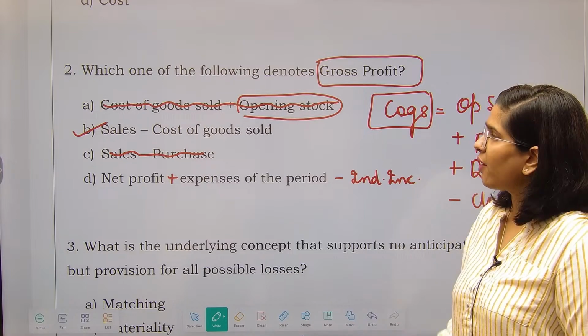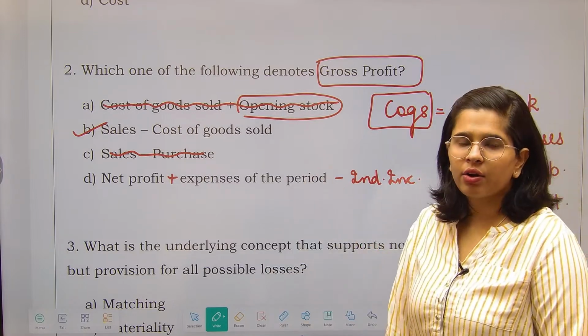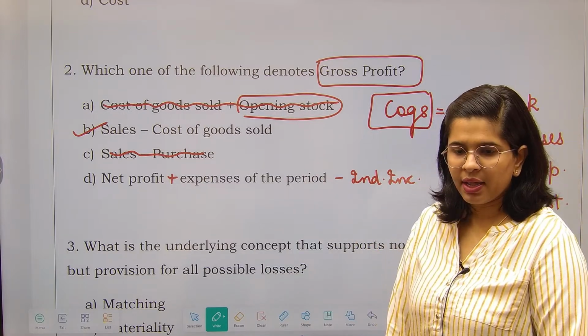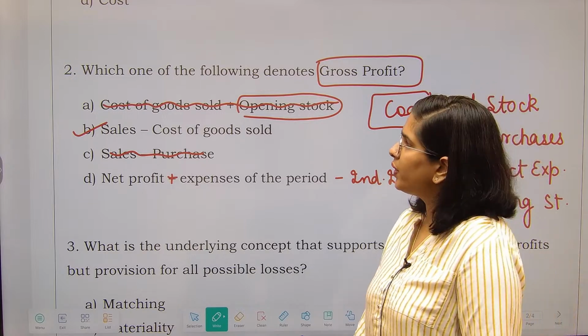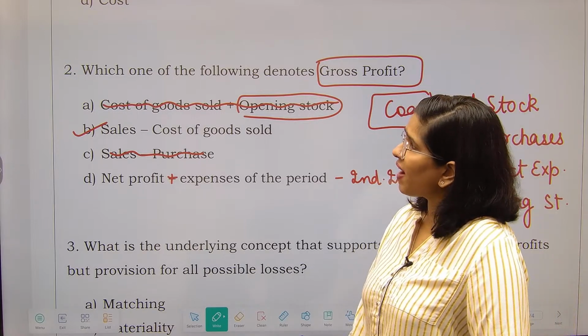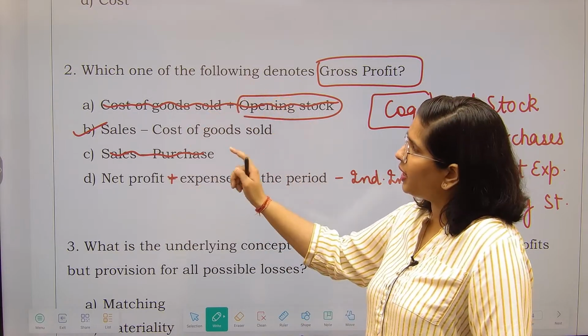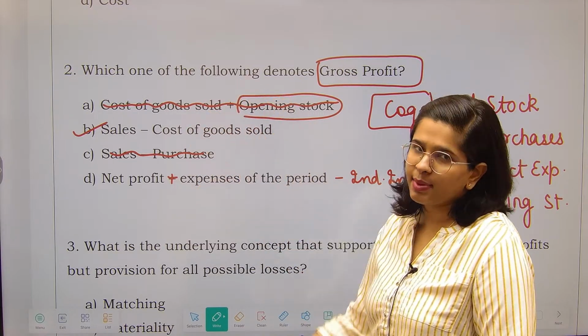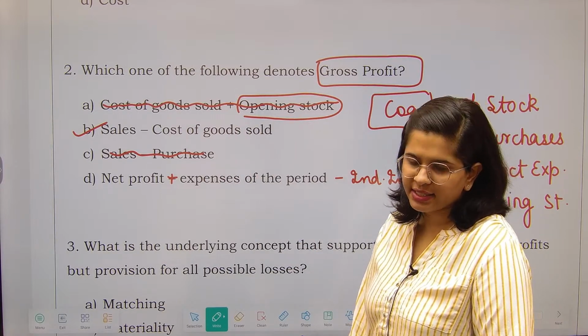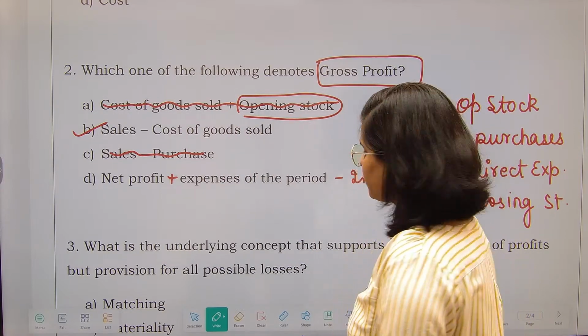So this would have been the correct formula to reach the gross profit. Although this much analysis was not needed if you already knew the formula, sales minus COGS, and you would have identified the correct option.